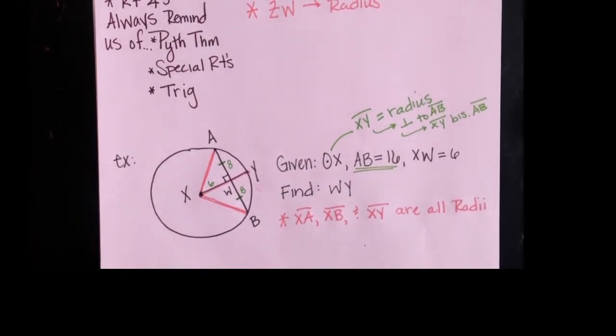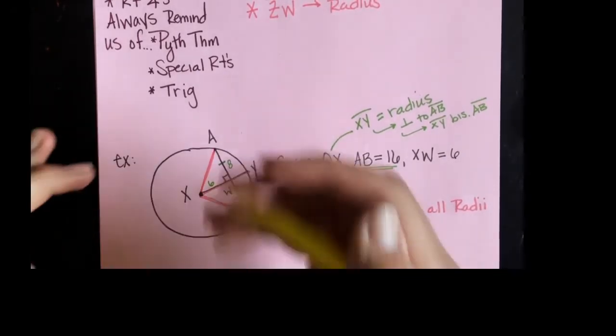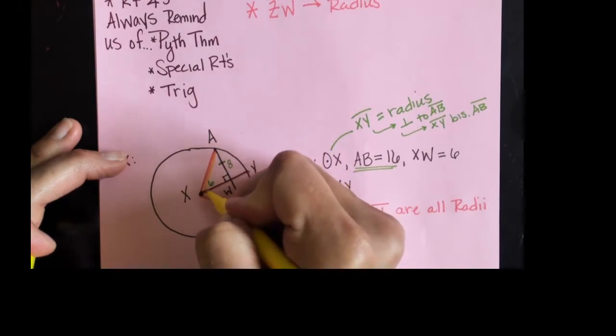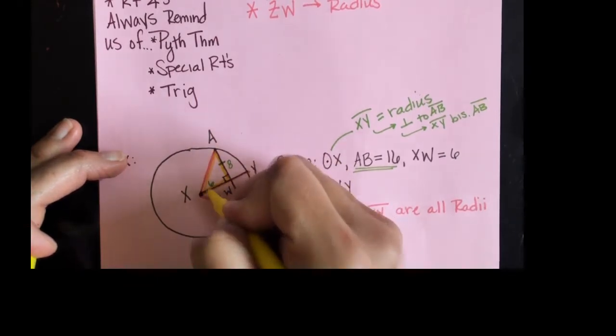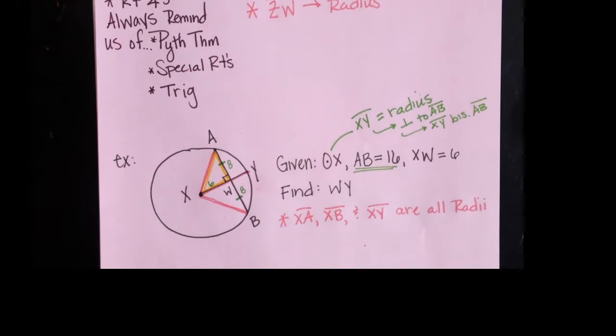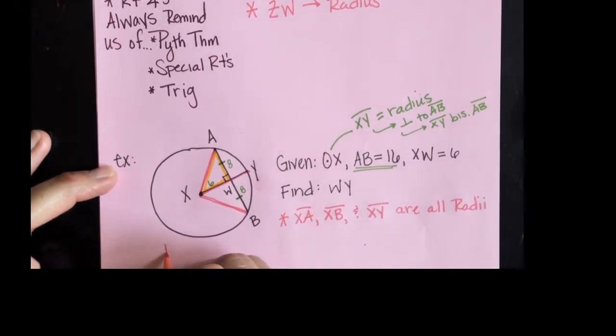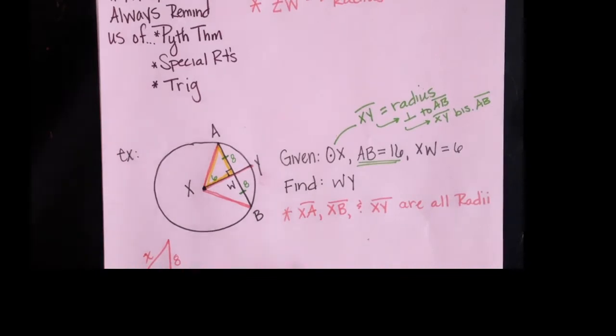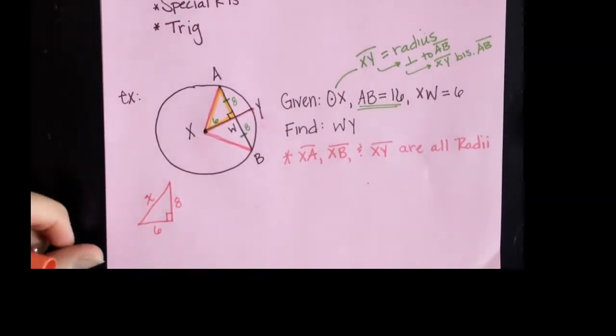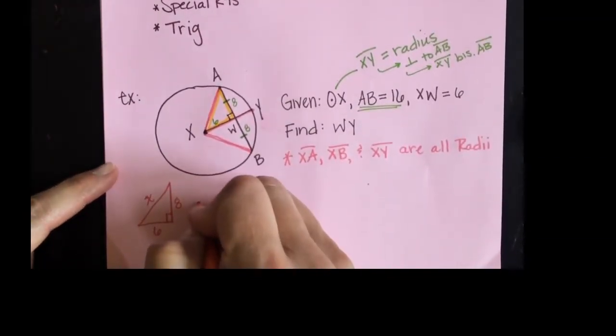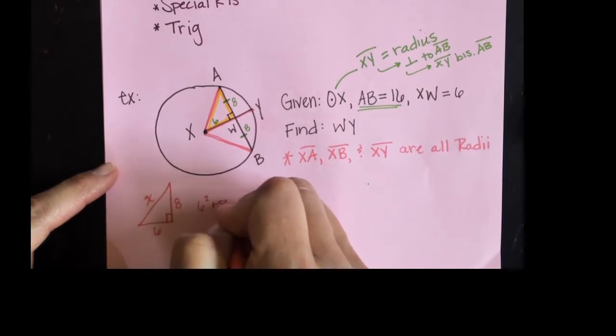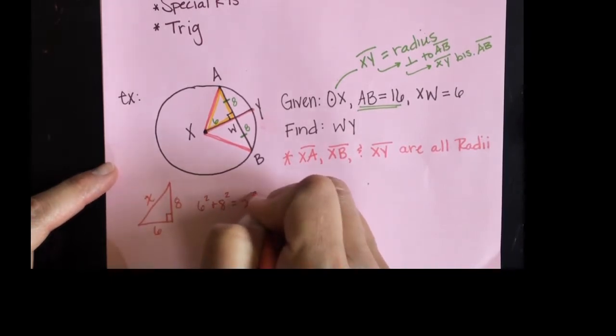So I'm going to create a right triangle. My right triangle, let's just pull one of these guys out right here. And let's deal with that. And we have 6, 8, and our missing piece. Now, some of you might already see this, but if not, you have 6 squared plus 8 squared equals x squared.